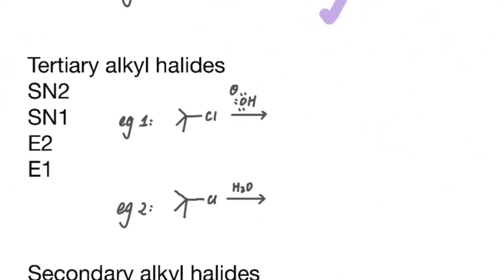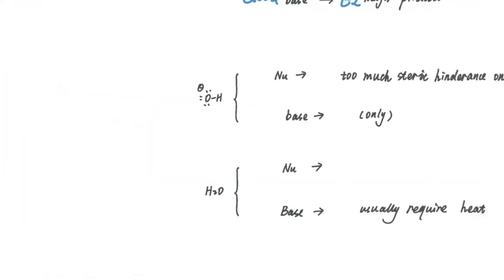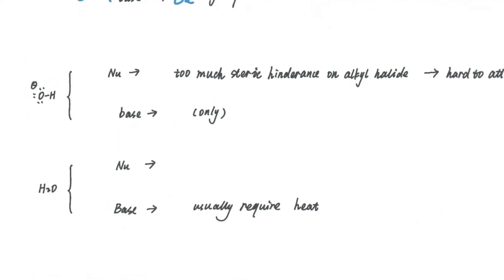If it's tertiary, then that's also easy because we all know tertiary is very bulky. If the center carbon is tertiary, then we are not going to have SN2, because SN2 always hates steric hindrance. Either the nucleophile or the center carbon should be as small as possible. So in this case, the first one, let's go to our reasoning.